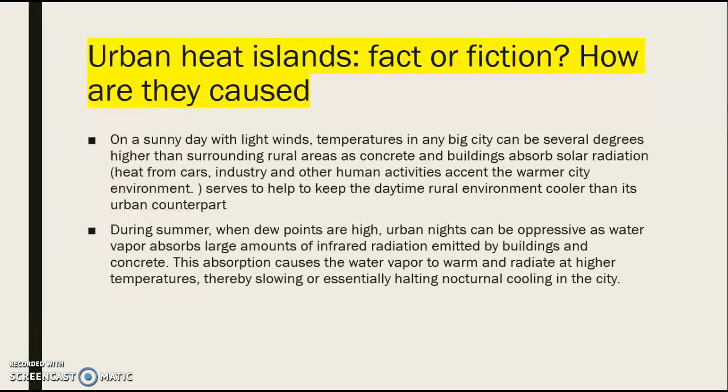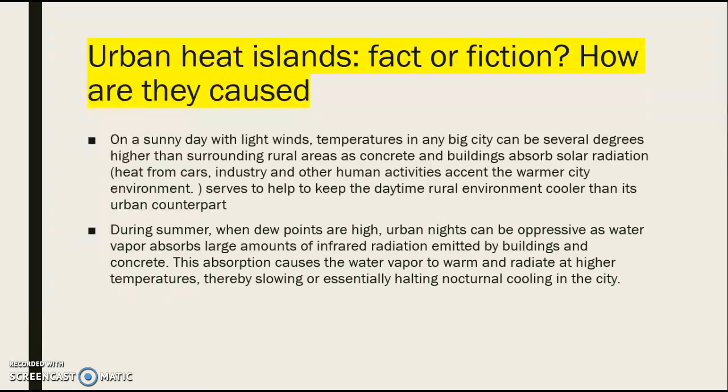So on a sunny day with light winds, temperatures in any big city can be several degrees higher than surrounding rural areas as concrete and buildings absorb solar radiation. If you look at a weather forecast for Minnesota, you will see that temperatures in Fifty Lakes or Cross Lake or Brainerd will be significantly less than temperatures in Minneapolis, especially in the summer.